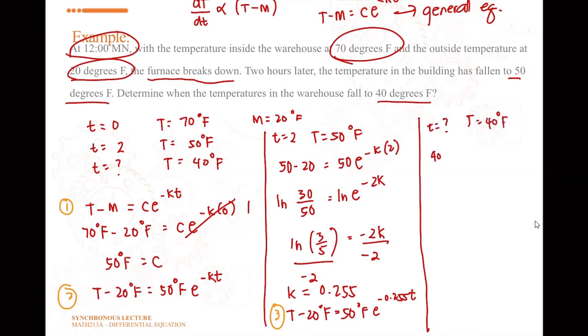So, we have 40 degrees Fahrenheit minus 20 degrees Fahrenheit equals to 50 Fahrenheit E negative 0.255 T. Okay, so this will be 20 over 50 equals to E negative 0.255 T. Okay, so ln natin, we have ln of 2 over 5.